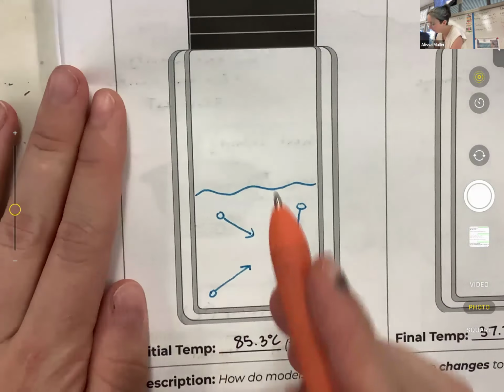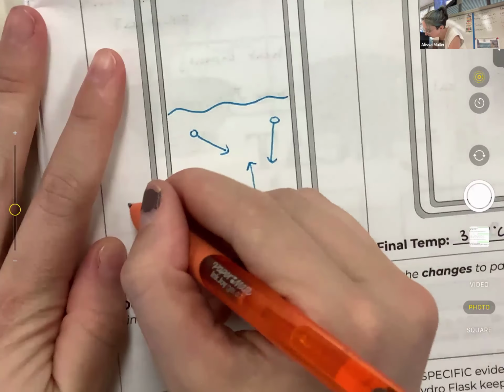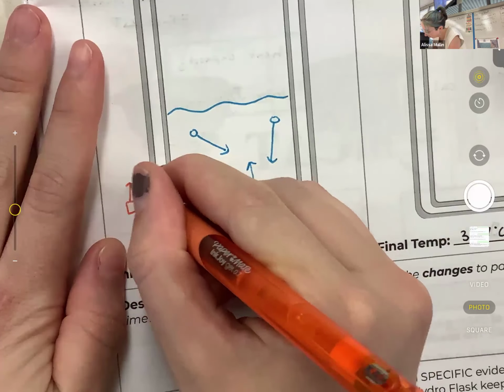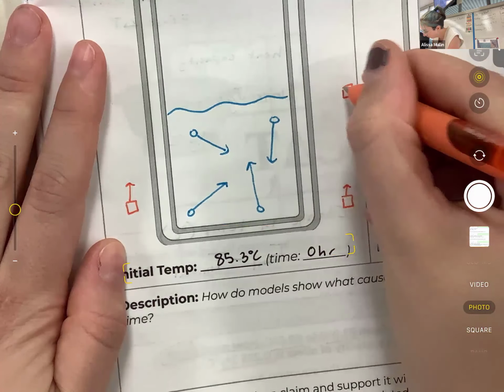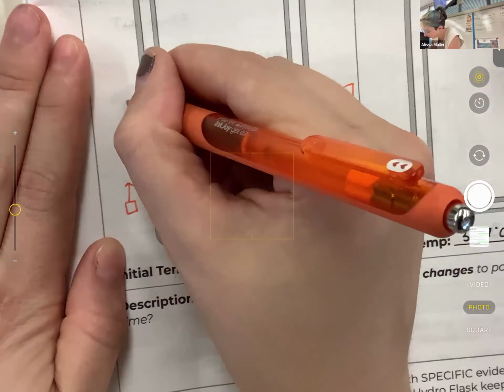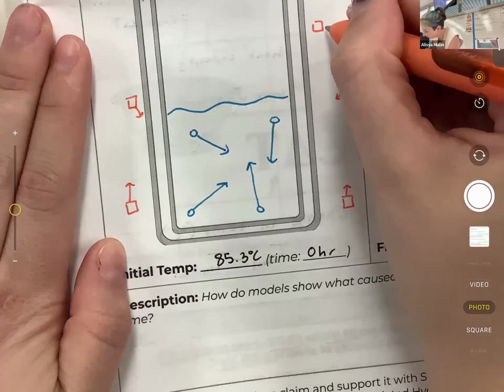And I still have my air that is still 22 degrees Celsius, so much smaller arrows on my air, spread out everywhere because it's a gas.